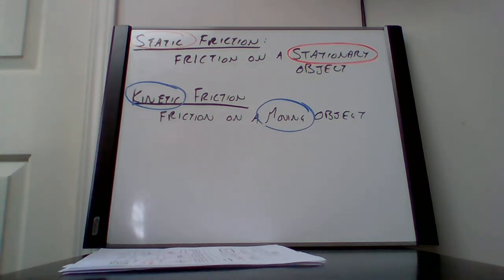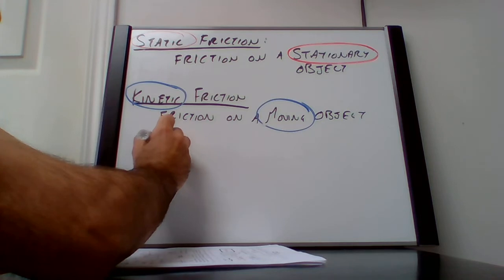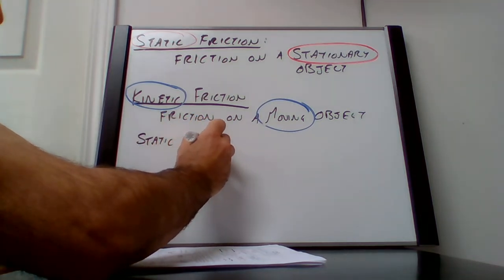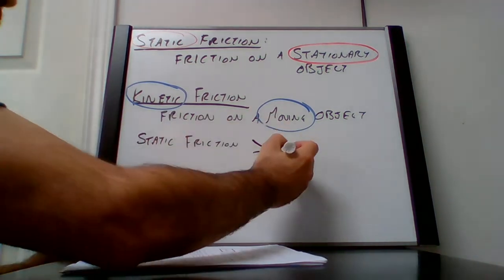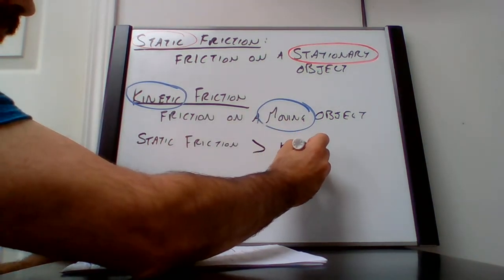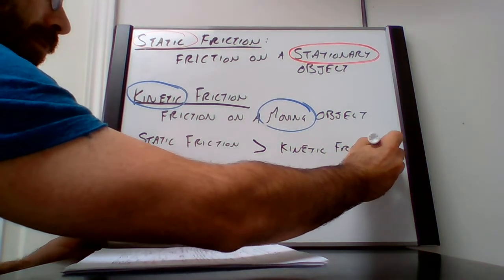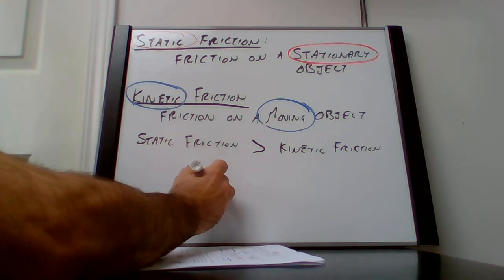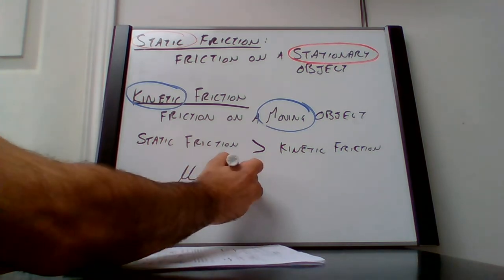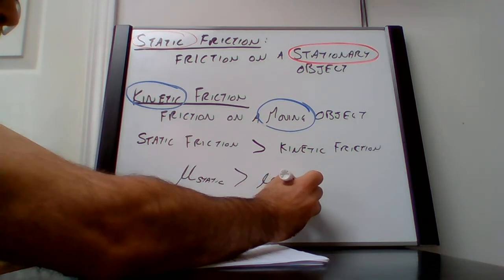And so when we're talking about the force of friction here, static friction is always going to be greater than kinetic friction. Or we can say that the mu of static is greater than the mu of kinetic.